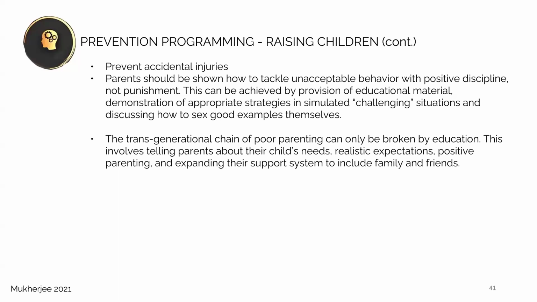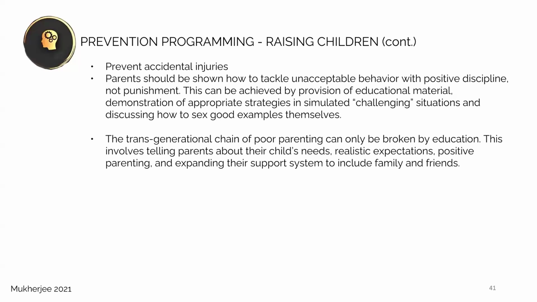Using educational material, demonstrating and helping parents have appropriate strategies in simulated challenging situations, and even having role plays with parents to discuss how to talk about sex in a way that is not so uncomfortable for them.